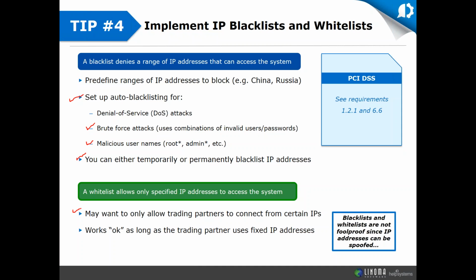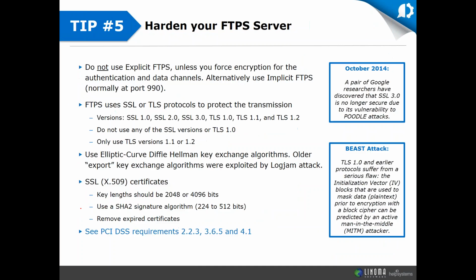And while this certainly adds an additional layer of security, it can become a maintenance headache if their IP addresses are changing frequently. And of course, IP addresses can be spoofed by attackers, so blacklisting and whitelisting are not foolproof, but it will certainly provide more protection for your FTP server environment.